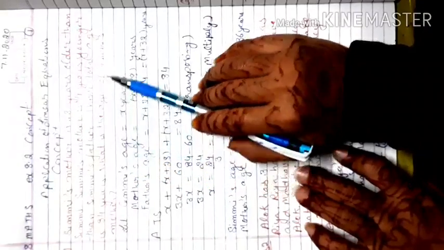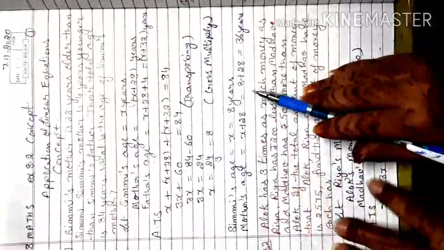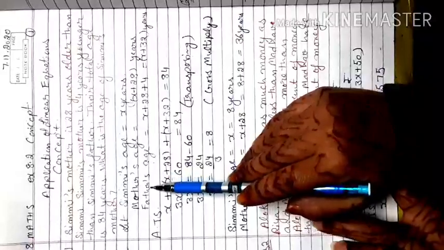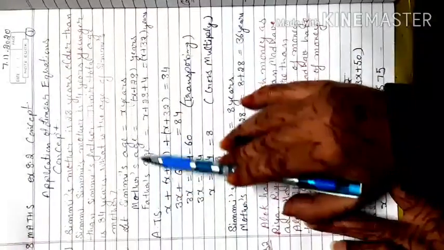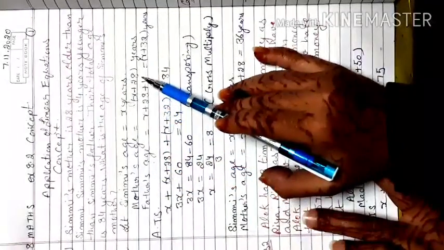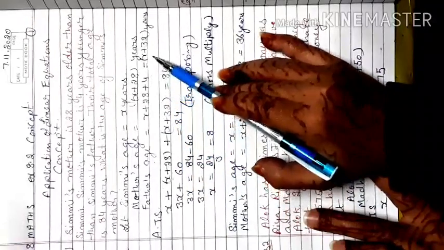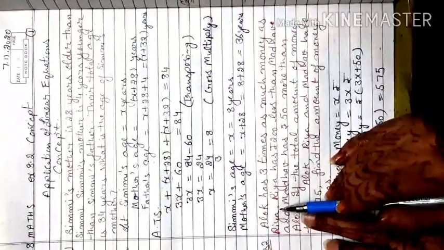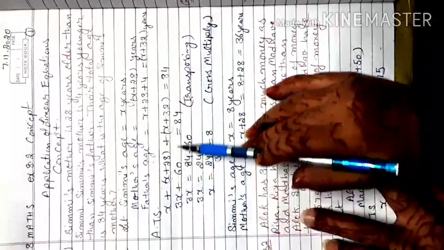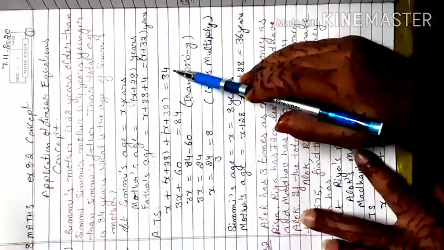So what is the age of Simi's mother? That you have to find. According to the statement, Simi's age is equal to x years, mother's age is equal to x plus 28 years, father's age is equal to x plus 28 plus 4, which is x plus 32 years. Then according to the statement, when you add all the ages, that is equal to 84.